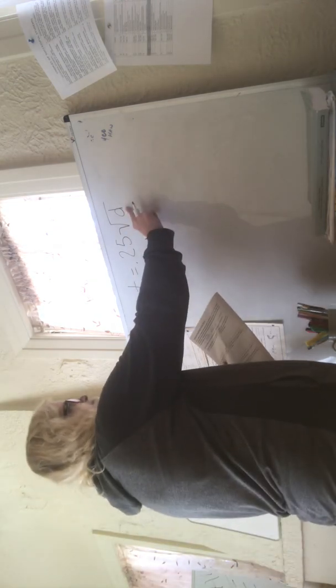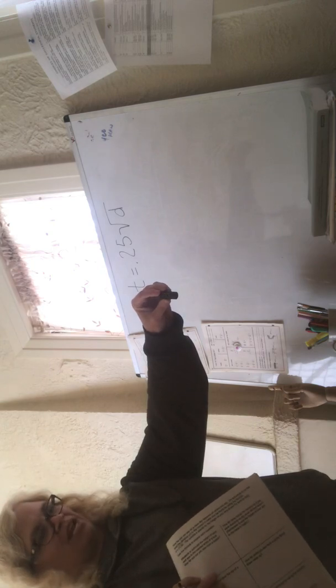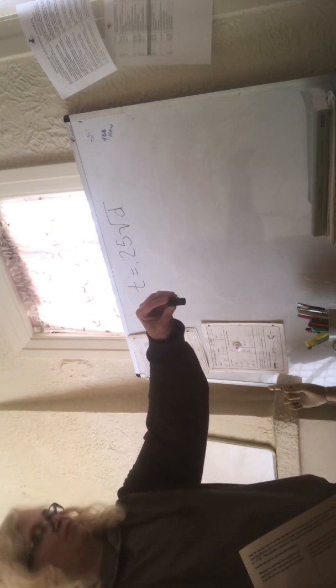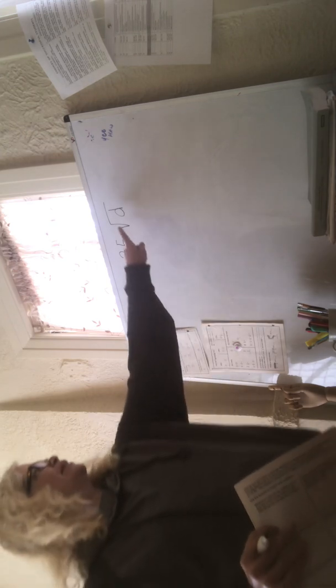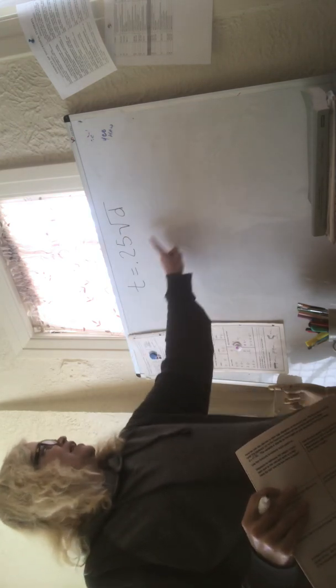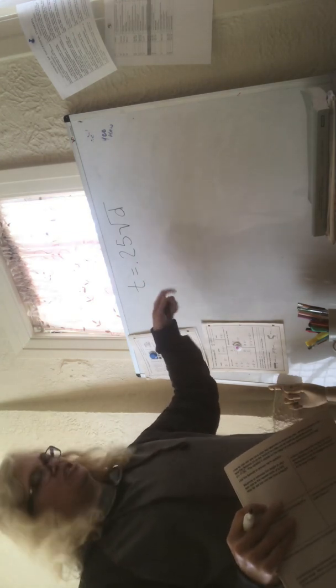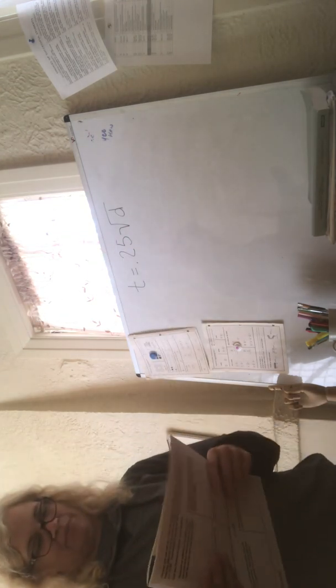And d is how many feet it's dropped. So for example, if I dropped this pen cap right now and I measured how far it was, let's say probably about 4 feet, I could put a 4 right here and I could do out this equation and I would find out how much time it's going to take for the pen cap to drop.